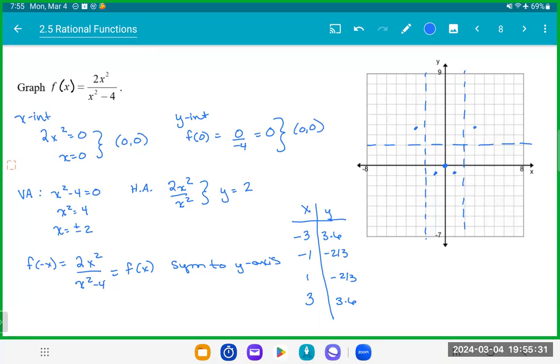So this tells us that we're going to have a graph like this. Okay. And this one, because of that symmetry, we end up with an upside down parabola-like shape. Okay. Question.